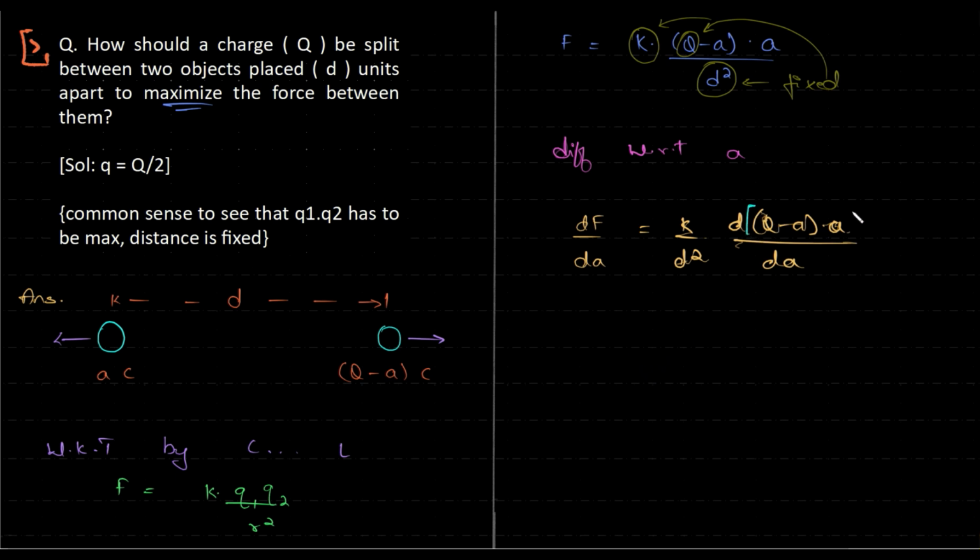Now, what does this look like? Yes, product rule. K by d square, so here it would be q minus a plus minus 1 into a. So this is basically k by d square into q minus 2a.